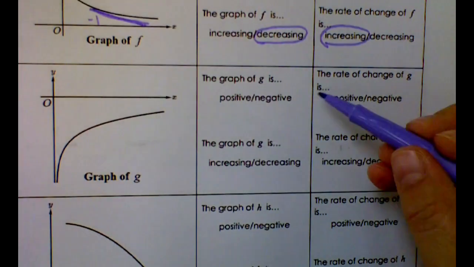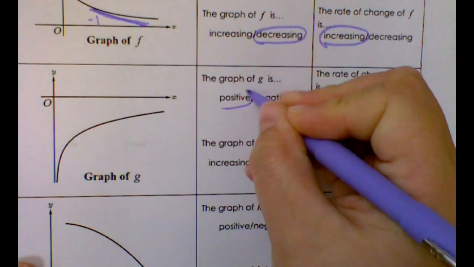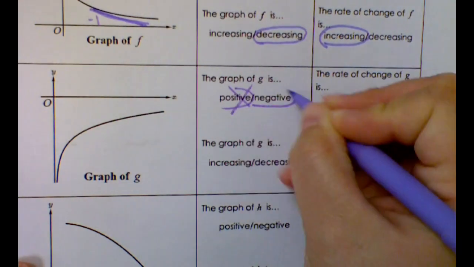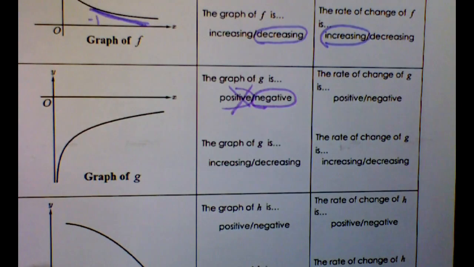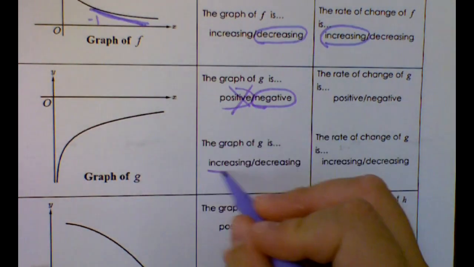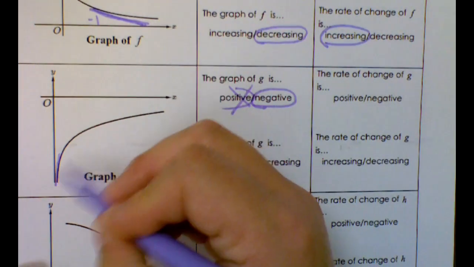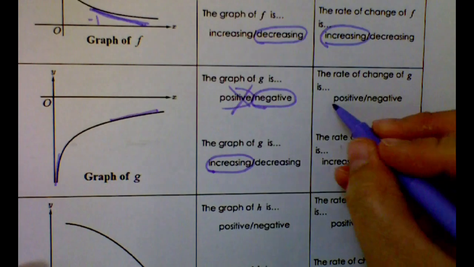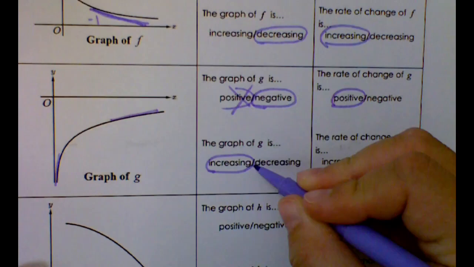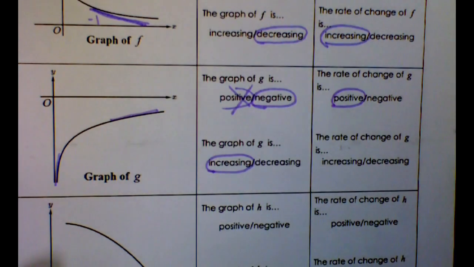All right, second one, the graph is positive or negative. It's all below the x-axis, so it is negative. The graph of g is, well, it's going up, so it is increasing. The rate of change, if I look at any of my slopes, those are all positive. Remember, positive and increasing go together, negative and decreasing go together.